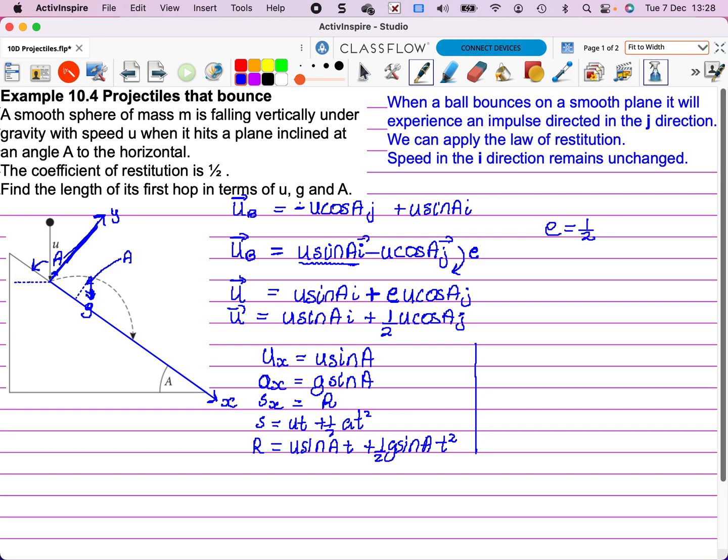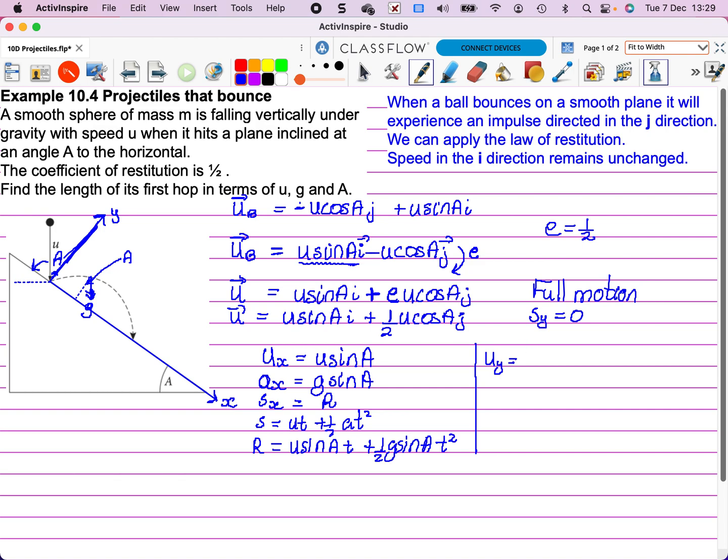But what we do know is that this is a full motion problem. And because it's a full motion problem, we already know that the displacement in the y direction at the end of motion is equal to 0. So consequently, we can use this piece of information in order to work out time.